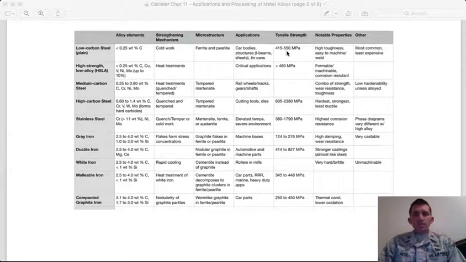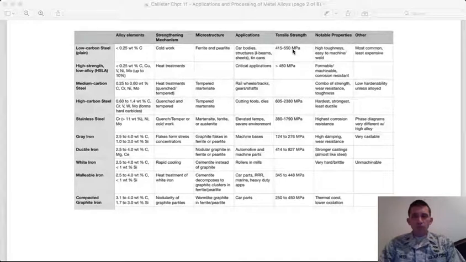But plain carbon steel is common and least expensive because iron is abundant, carbon is abundant, and you don't need any of those other alloying elements added into the material. So it's inexpensive and very common, even though its strength is not as high as some other grades of steel.